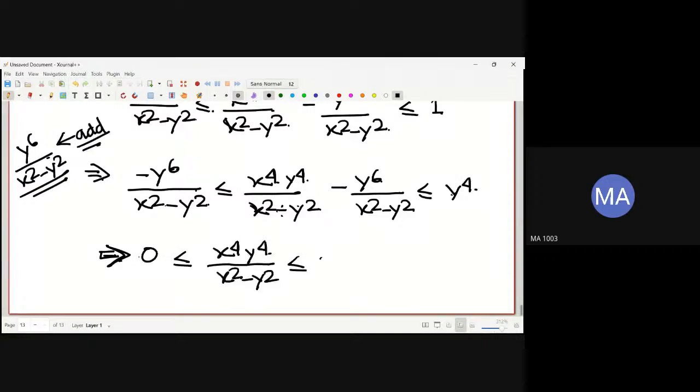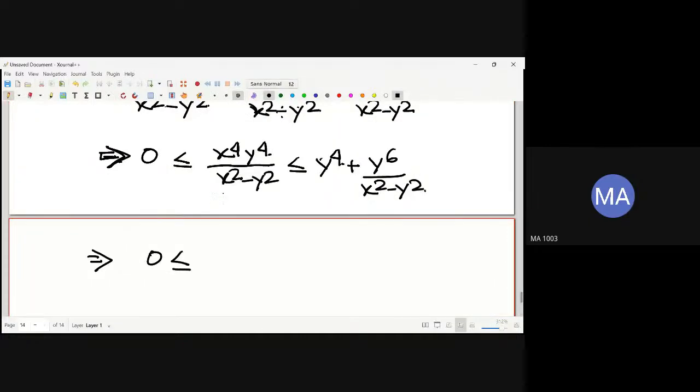This is y power 4 plus y power 6 times x square minus y square, right? Yes. So now, if you take the square root, what you will get? It's basically 0 and our f of x, right? If I take the square root, I'll precisely get the f of x.